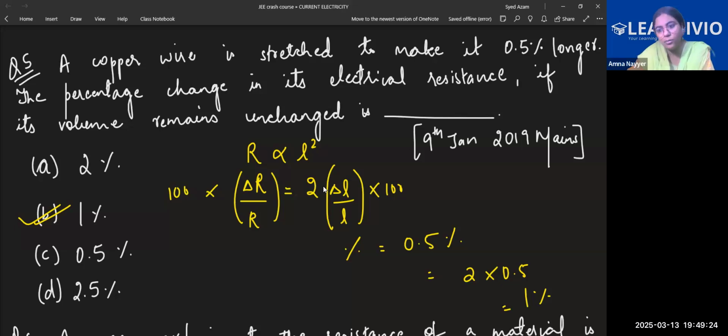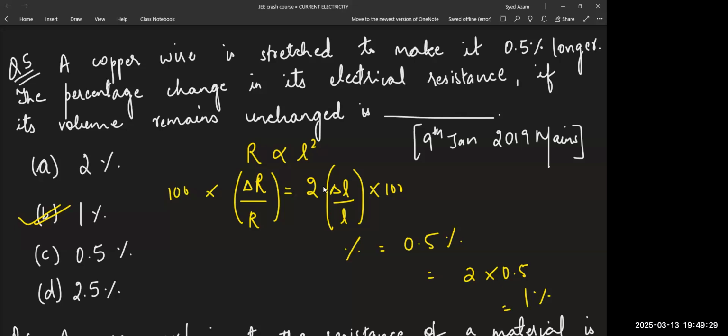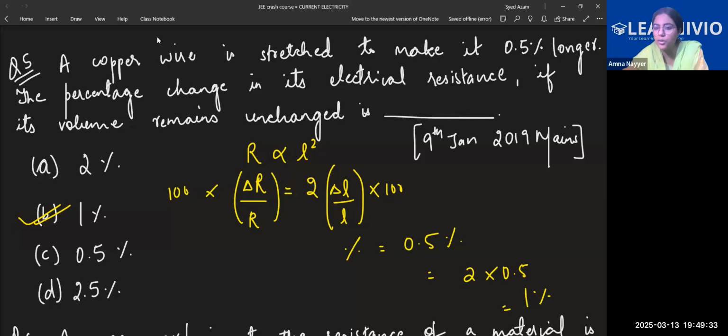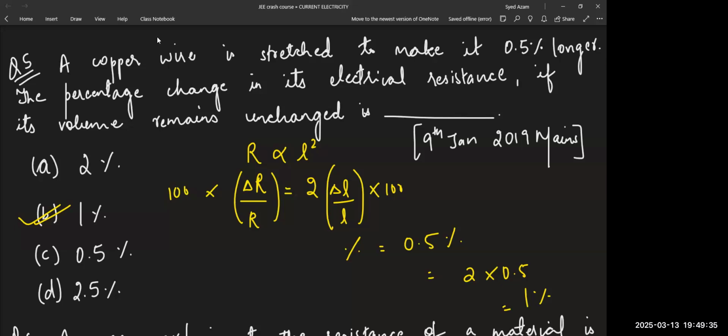Is it clear till here? Are you guys able to understand till here? It's fine? Yes, ma'am. Write it. Upasana, it's clear to you too? Yes. Okay, please write this.